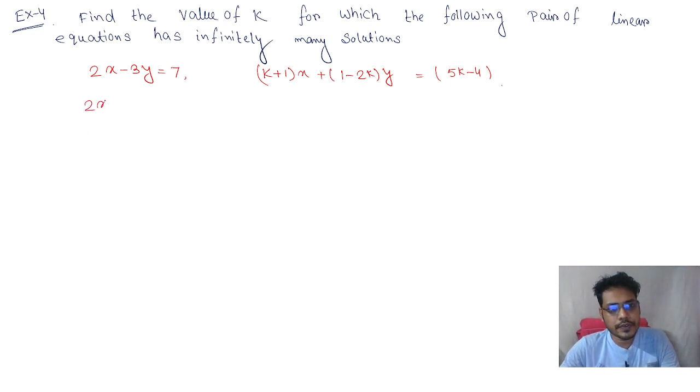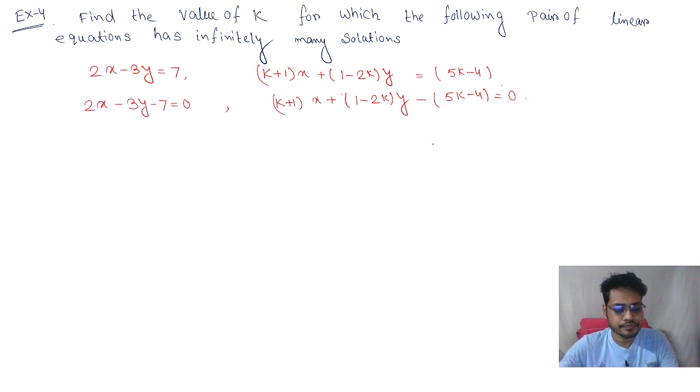So here, 2x minus 3y minus 7 is equal to 0, and for the second equation, a2x plus b2y plus c2 is equal to 0, so (k plus 1) into x plus (1 minus 2k) into y minus (5k minus 4) is equal to 0.